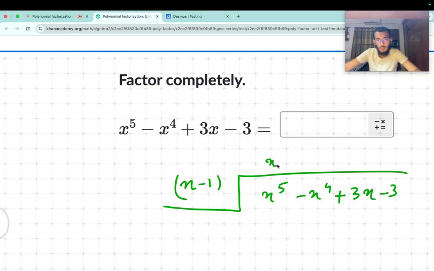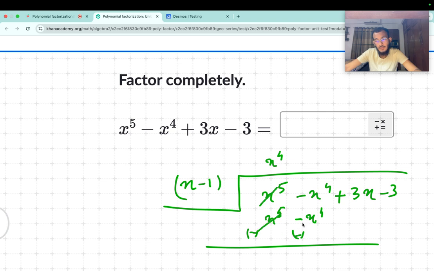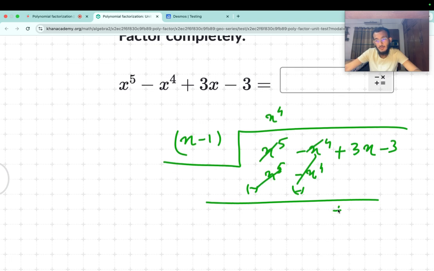So we write x to the power 4. x to the power 4 times x is x to the power 5, negative x to the power 4. If we cancel this, this becomes positive. This gets cancelled, this also gets cancelled. We are left with positive 3x, negative 3. We can write plus 3. So that gives us 3x minus 3, and a remainder of 0.